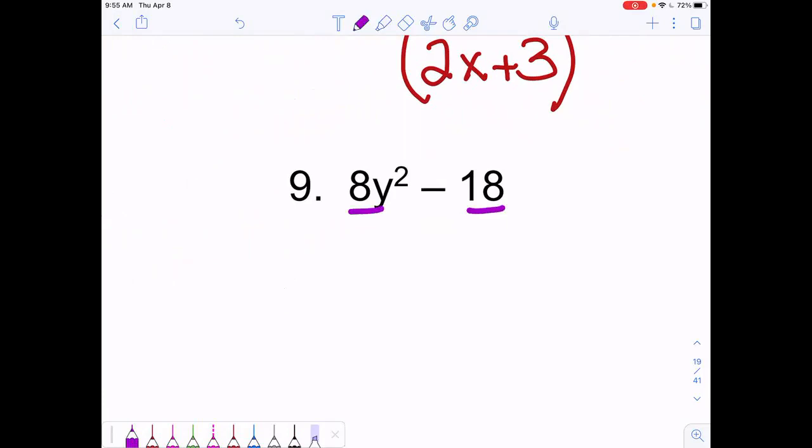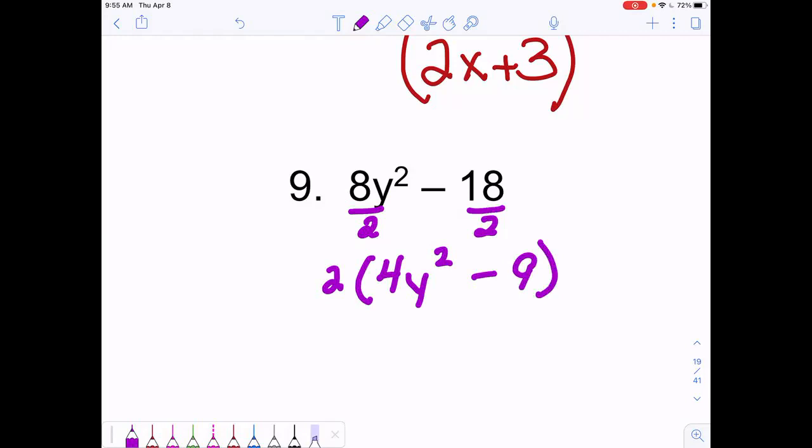I'm going to say yes, because they're both even. So if we have 8 and 18, what do you think they're both divisible by? It's a small number. 2, yeah, they're both divisible by 2. If you take out a 2, TJ, 8 divided by 2 is, and then 18 divided by 2 is 9.